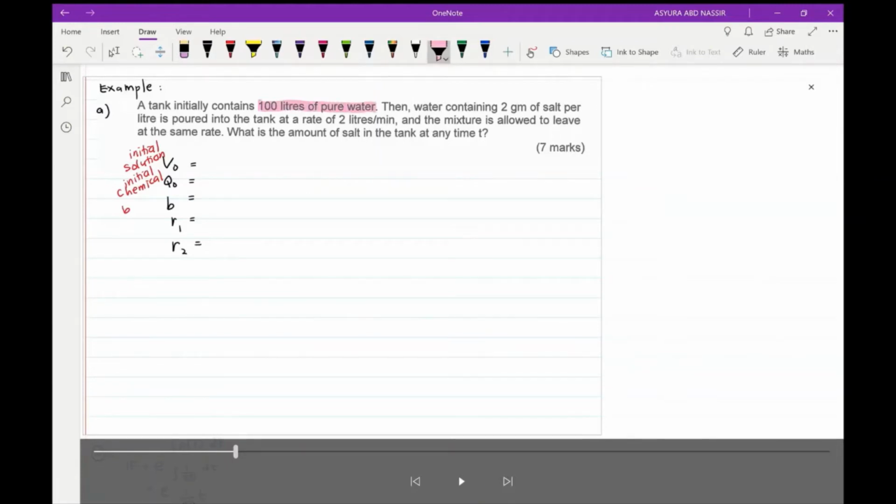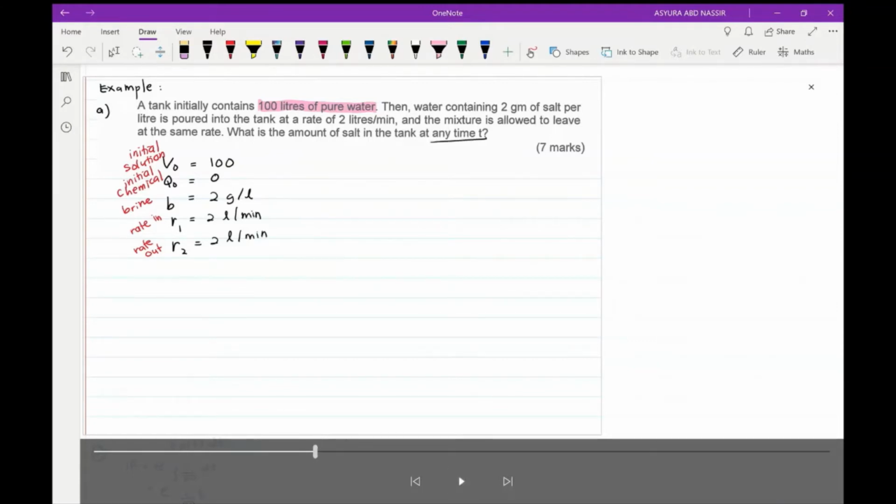Next, B is the brine solution, R1 is the rate in and R2 is the rate out. So we have V0 is 100, Q0 is 0, B is 2 grams per liter, R1 is 2 liters per minute, and R2 is 2 liters per minute.